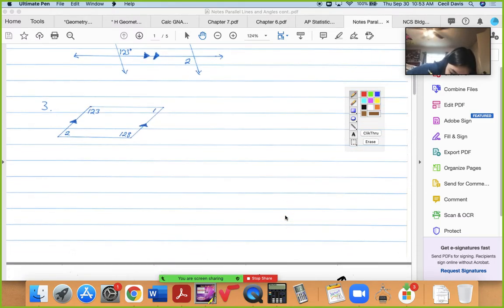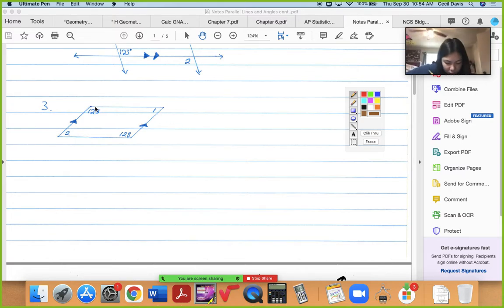Let's take a look at this one. Sometimes they won't draw the entire lines. If you want to extend these so that you have lines instead of segments, that's fine. I don't. I think it makes the picture really messy. But on this one, for angle 1, is angle 1 related to the 128 or to the 123?